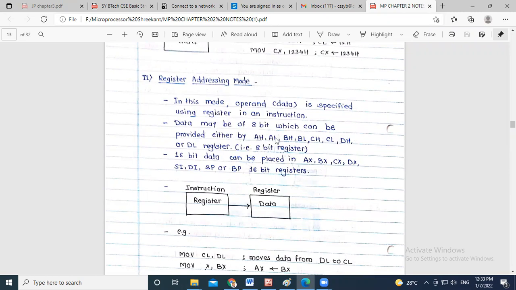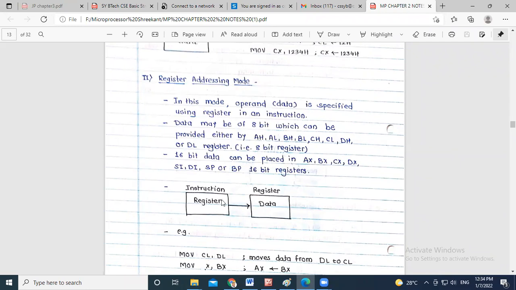That data may be 8-bit, provided as AH or AL with the A register, and the same way higher and lower with the B, C, and D registers. For the 8-bit registers, H and L you have to use. For the 16-bit registers, you just use X instead of H and L: AX, BX, CX, and DX. Along with that, source index, destination index, stack pointer, and base pointer are 16-bit registers. So that is the register addressing mode.